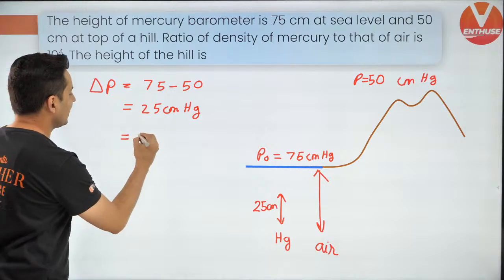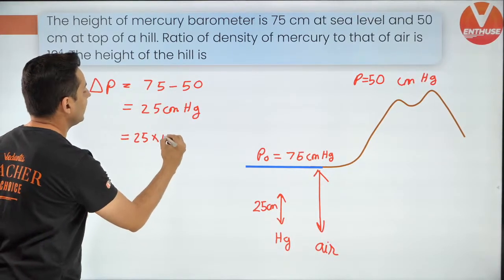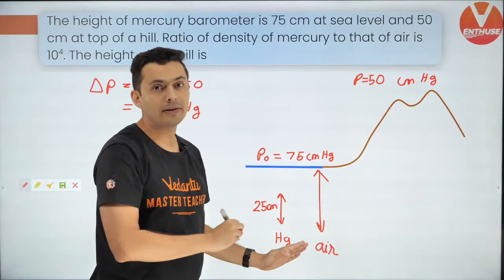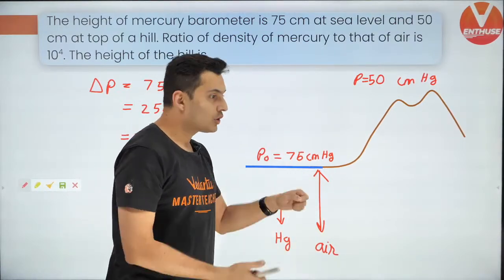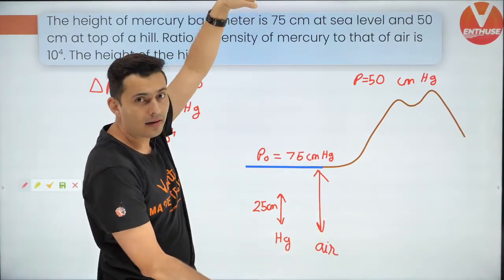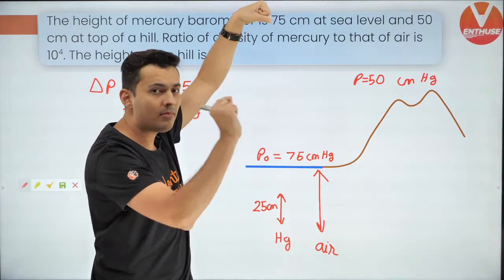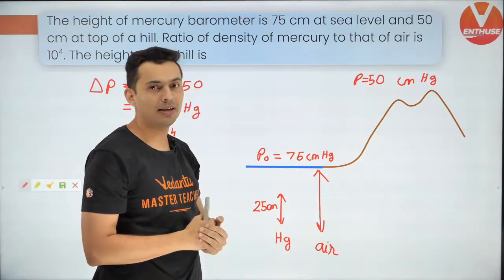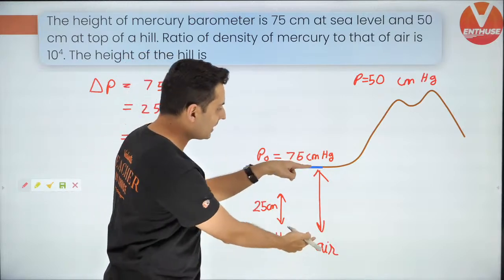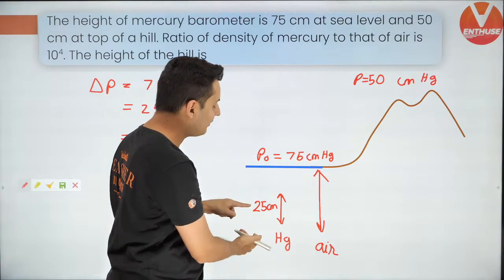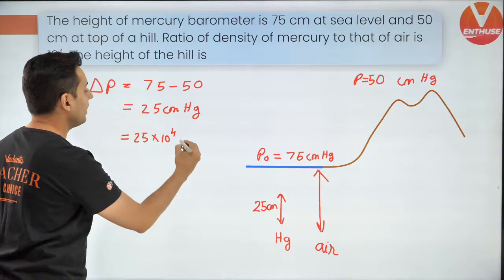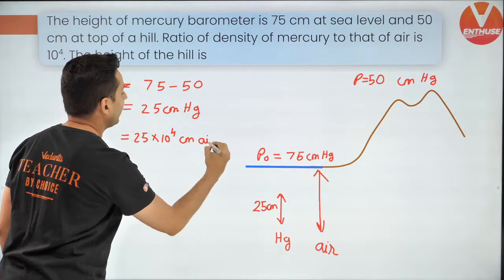So just take 25 and multiply 10 to the power 4 times, because air is lighter, so you need more height of air to achieve the same pressure difference as that of this small column of mercury. So the height of air column will be 25 into 10 to the power 4 centimeters of air.